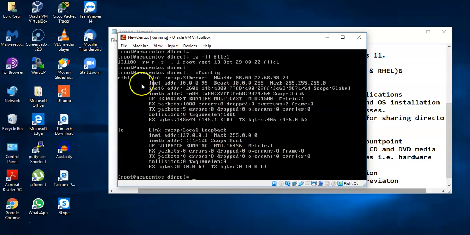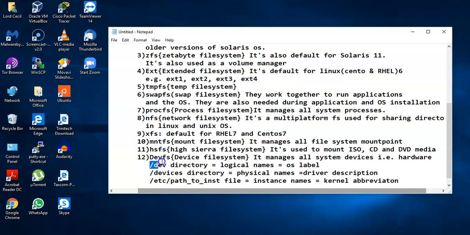So that NIC card has been given a name by the operating system, ETH0, and that name is what we call the logical name, and it is stored in the /dev directory.